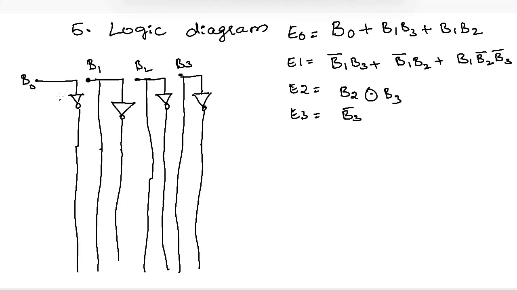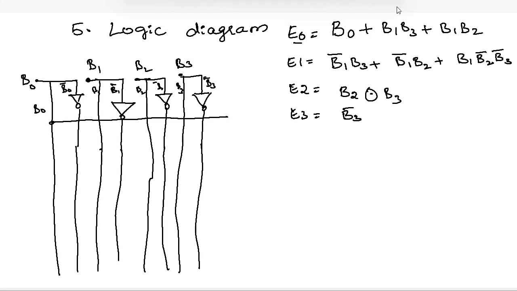Now see here, it is B0 line, it is B0 bar line, and same way it is B1, it is B1 bar line, it is B2, it is B2 bar line, and it is B3, and this line is B3 bar line. So first expression E0 equal to B0, so this is the B0 line, and second term B1 plus B3.